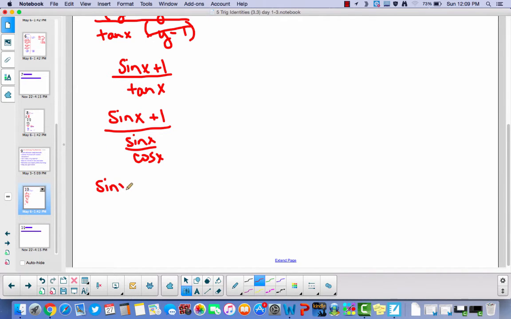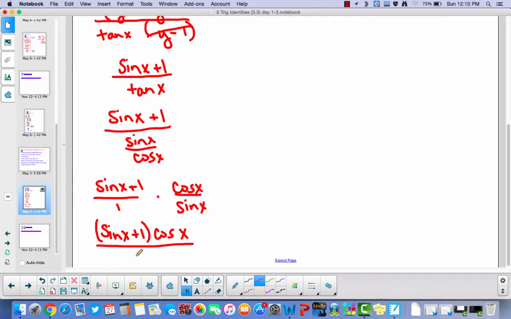So I have sine of x plus 1 over 1 times the reciprocal of the denominator, which is cosine of x over sine of x. So this becomes sine of x plus 1 times the cosine of x over the sine of x.